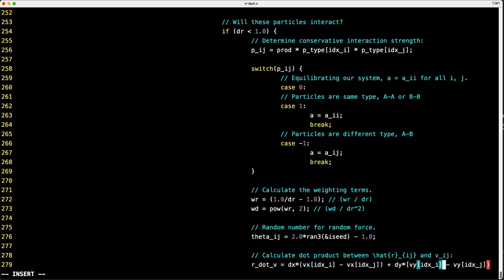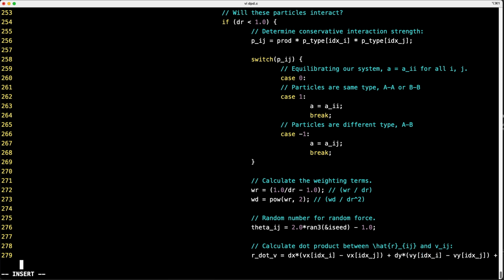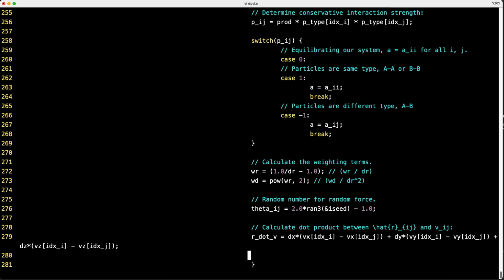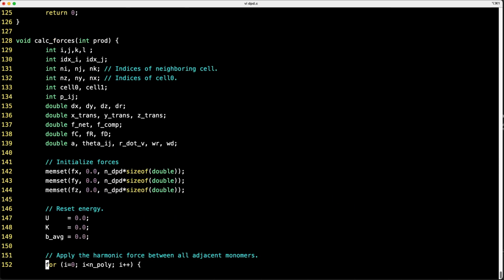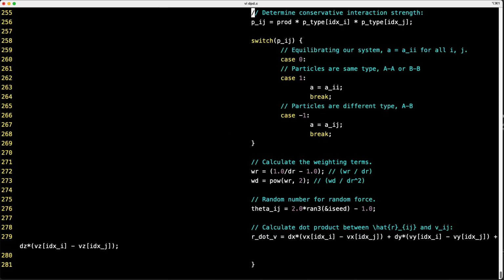Let's fix my typo. Got that, and then plus the z component, right? Times Vz of i minus Vz of j. Sorry that that wrapped around like that, but it is what it is. I just want to make sure I declared the dot product. I did? Okay, very good.